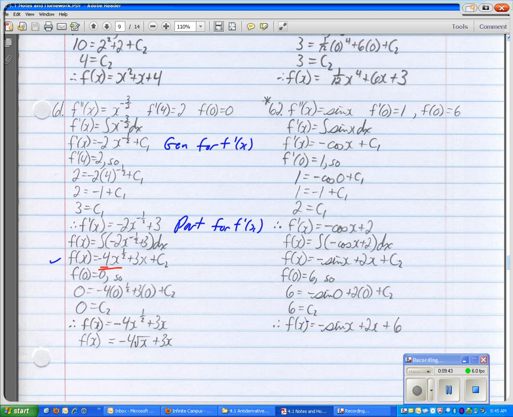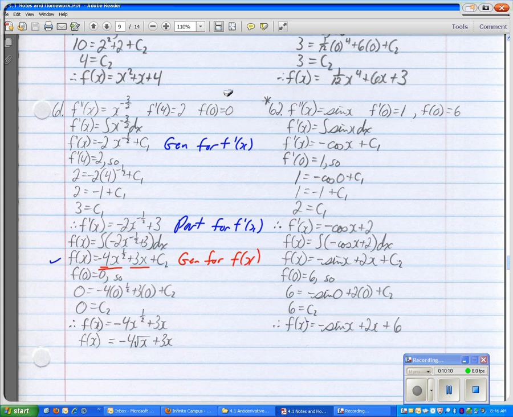The antiderivative of 3 is 3x plus c. I called this one C2, but you can't guess why I called it C2. Because it's the second C. All right? So what we have now is the general solution for f of x.